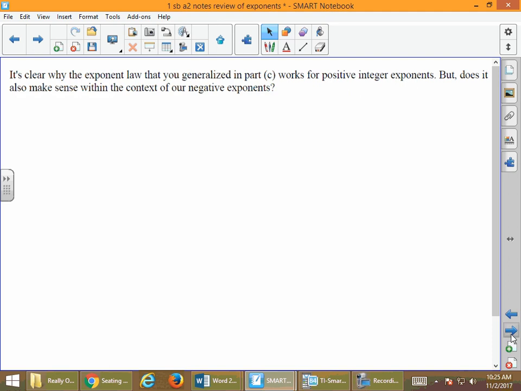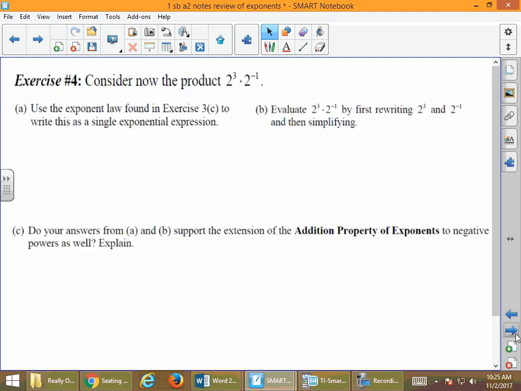So the question is, we were working with positive exponents here. Does this rule work for negative exponents also? So let's try and figure out if it does. We have 2 cubed times 2 to the negative 1st. It says, use the exponent law found in exercise 3C to write this as a single exponent.